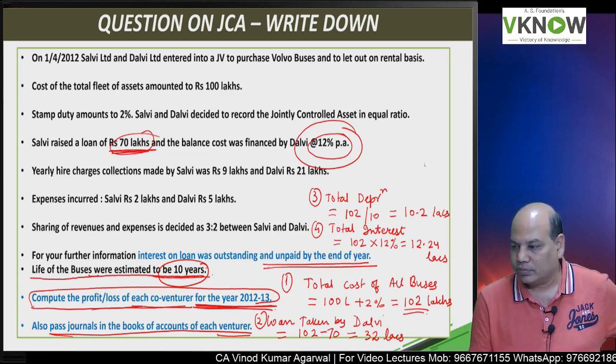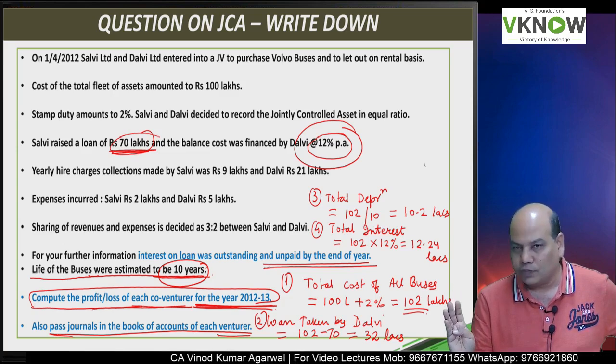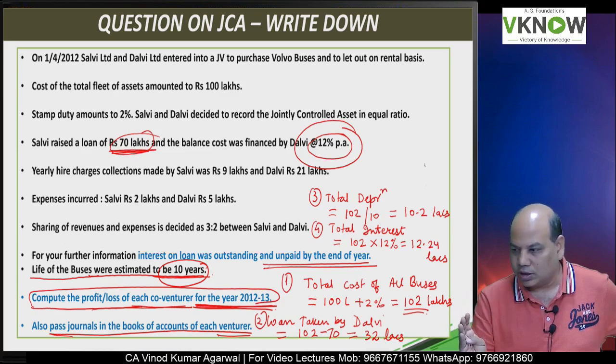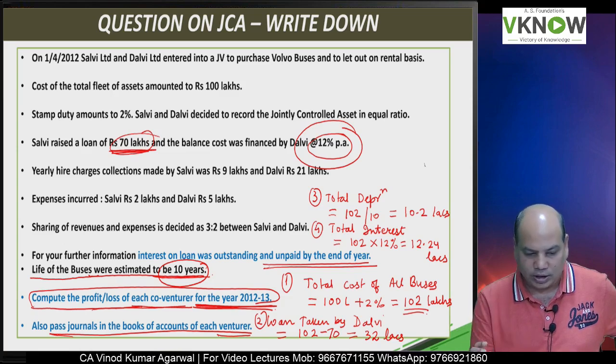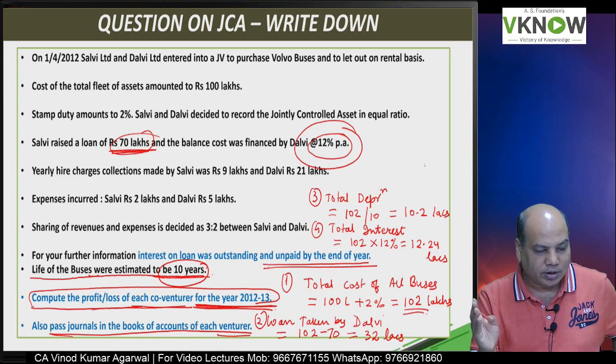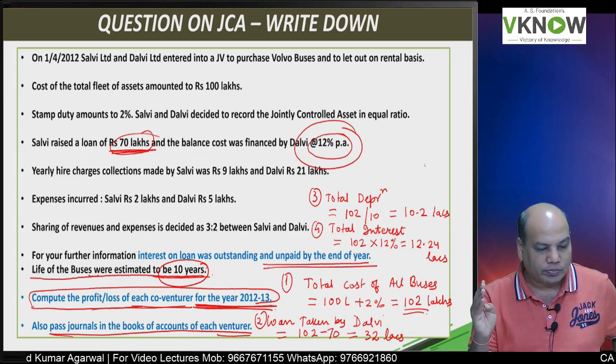Very easy. Whatever I have written till now is very easy. Total cost of all buses including stamp duty, total loan taken by each venturer, total depreciation, total interest. Now we just have to allocate as per the agreement. Income will be shared in the ratio of 3:2.